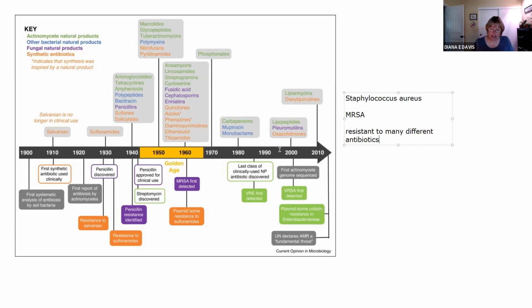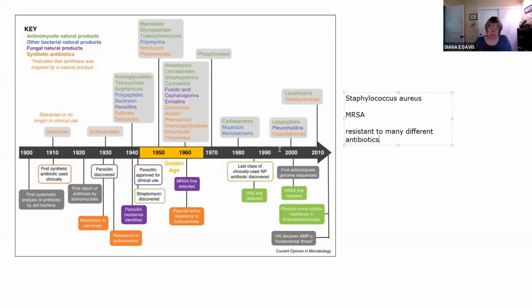We're now trying to go after different targets. So no longer just going after the cell membrane, easy target, or protein synthesis, relatively easy target. We're trying to go after metabolism, or we're trying to go after DNA replication, or maybe something else.